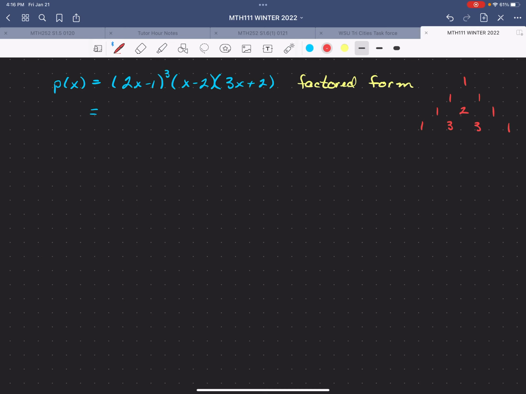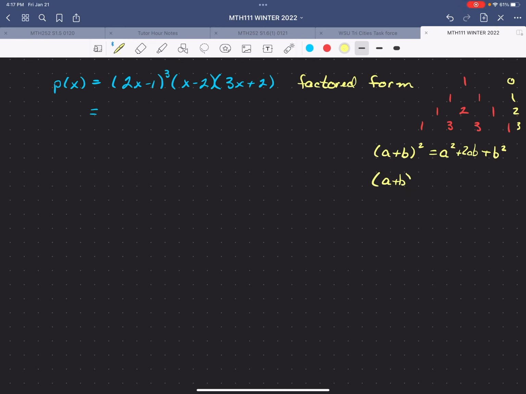So for example, this is row 0, this is row 1, row 2, and row 3. So a plus b squared is a squared plus 2ab plus b squared.